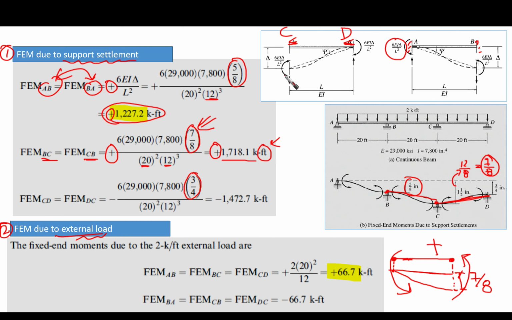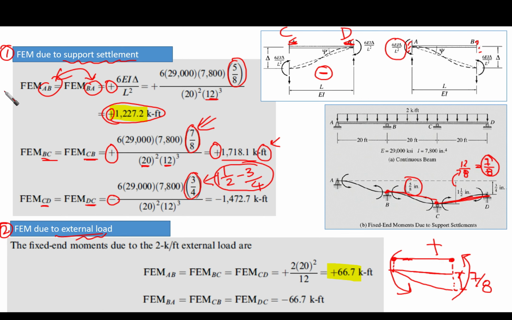Then we are going to have clockwise fixed end moments. This means that it is negative. And this is true for fixed end moments CD and DC. They are going to be negative with the same magnitude, and we used 3/4. The 3/4 is 1/2 minus 3/4 inches. Okay, this is, as we said, the difference between the two.